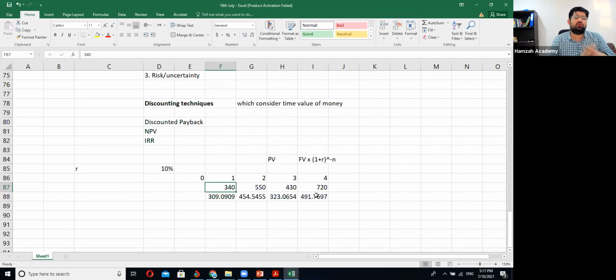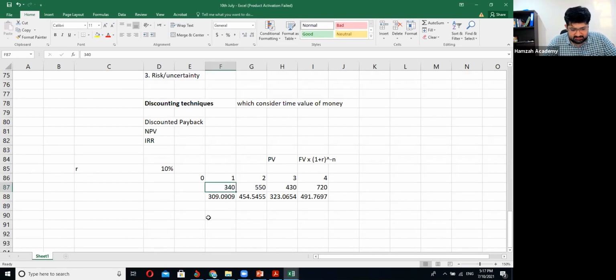Discount factor is clear, how to incorporate that? Is that clear?